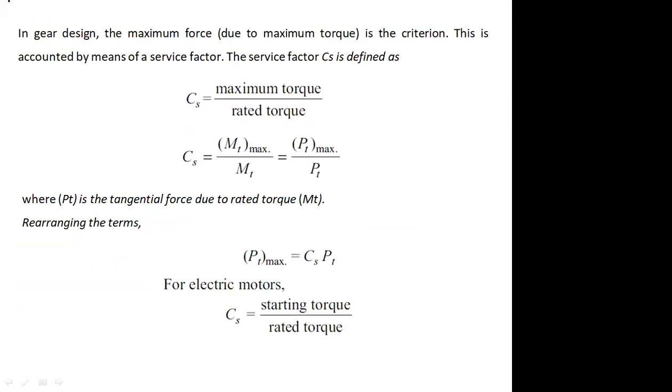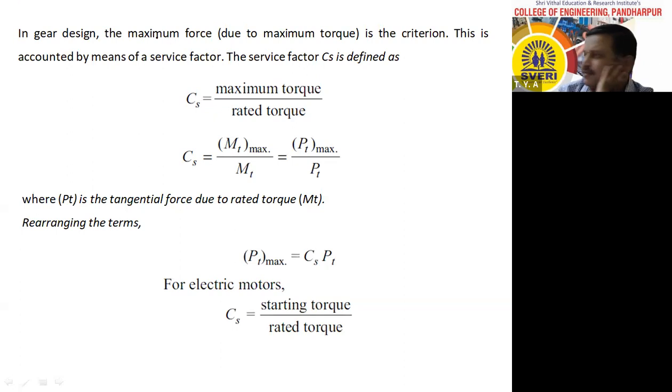Therefore, in gear design, the maximum force due to maximum torque is the criterion. This is accounted for by means of a service factor. The service factor CS is defined as maximum torque divided by rated torque.